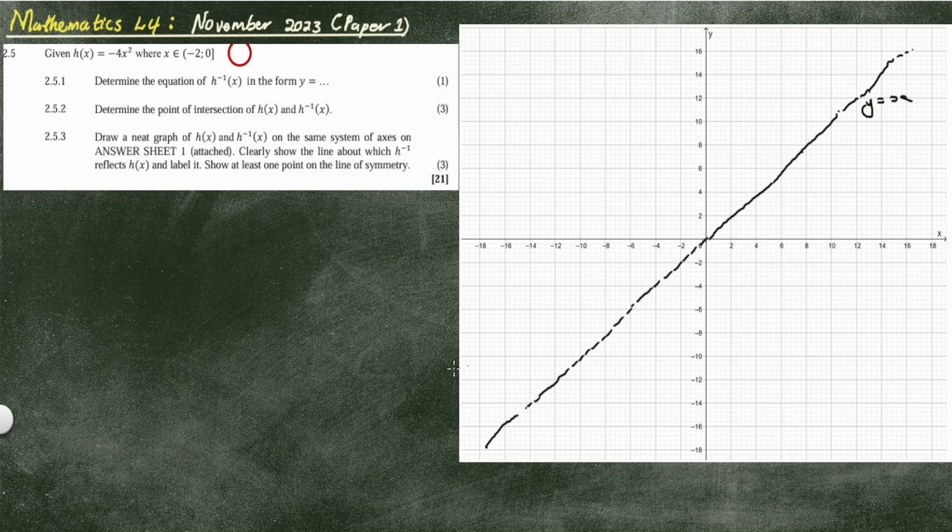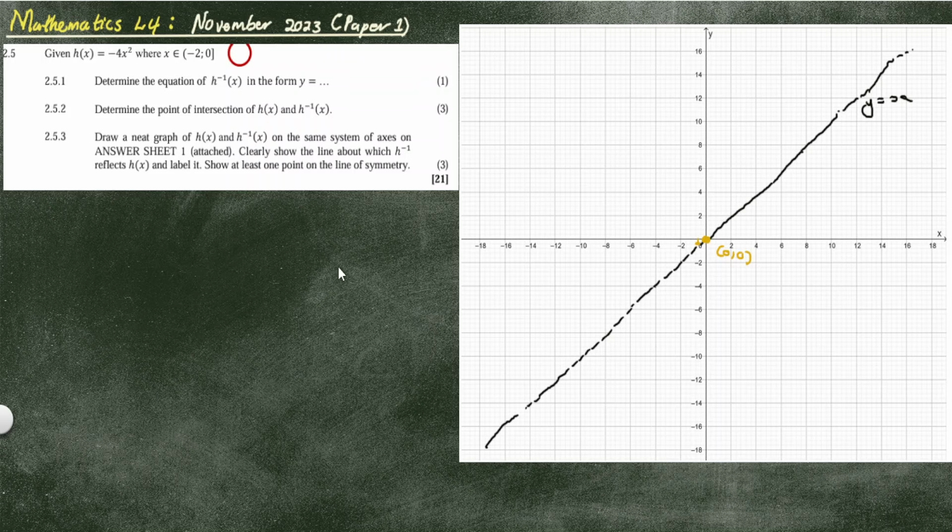Now, let's start with the points of intersection, 0 and 0. Then minus 1 over 4, which is negative 0.25 somewhere.